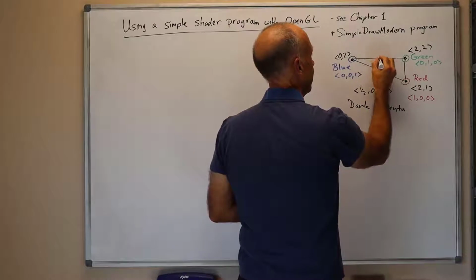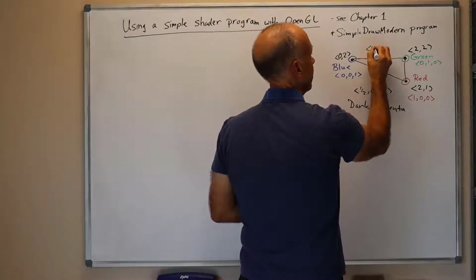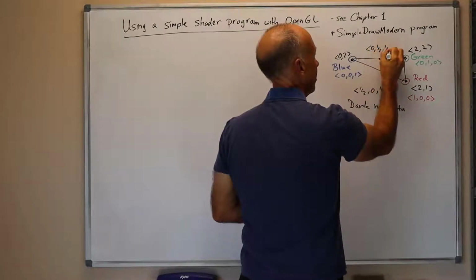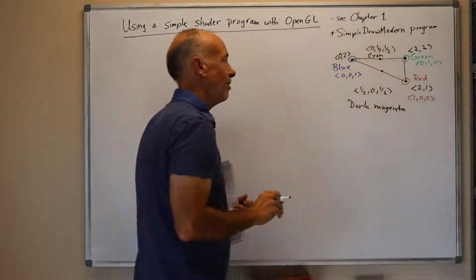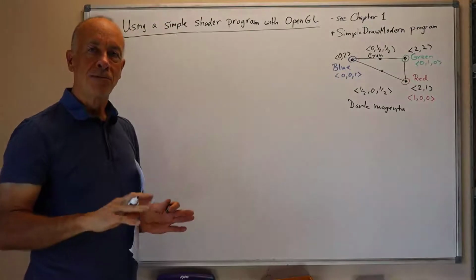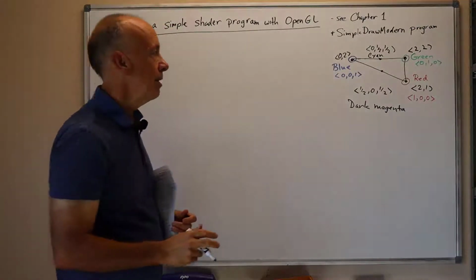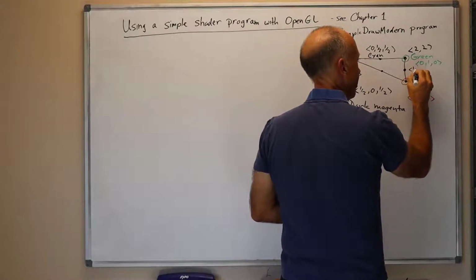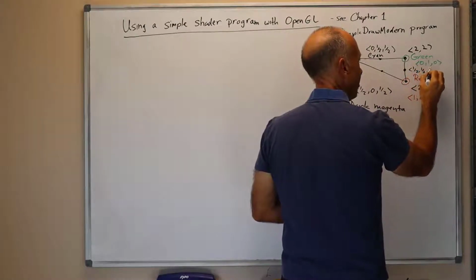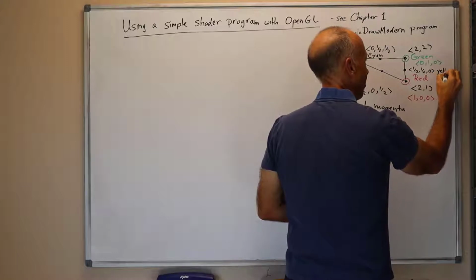Between blue and green is going to be the color 0, 1/2, 1/2, and that's a slightly dark cyan color. Cyan is usually a bright blue, but it's really midway between blue and green. Over here on this side, somewhat surprisingly, the color 1/2, 1/2, 0 turns out to be yellow.